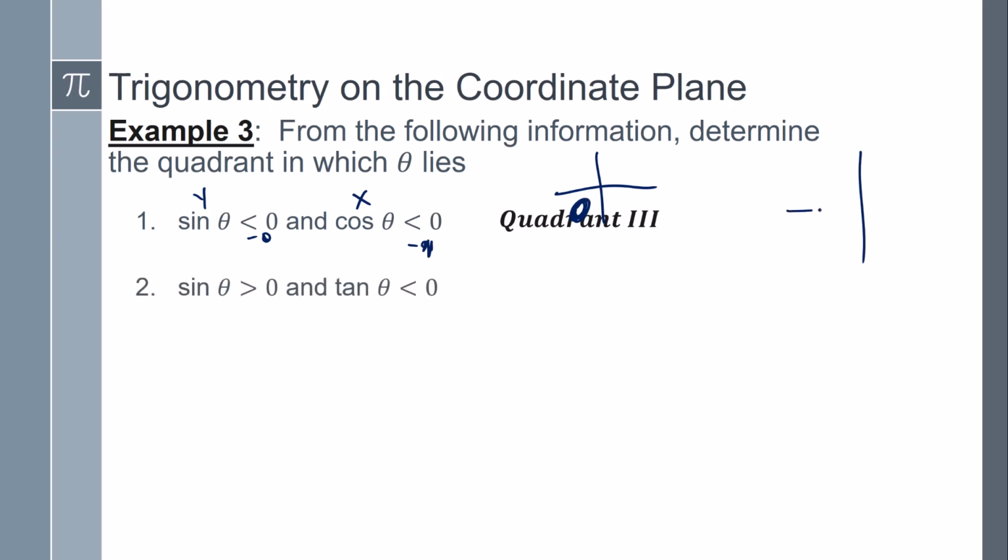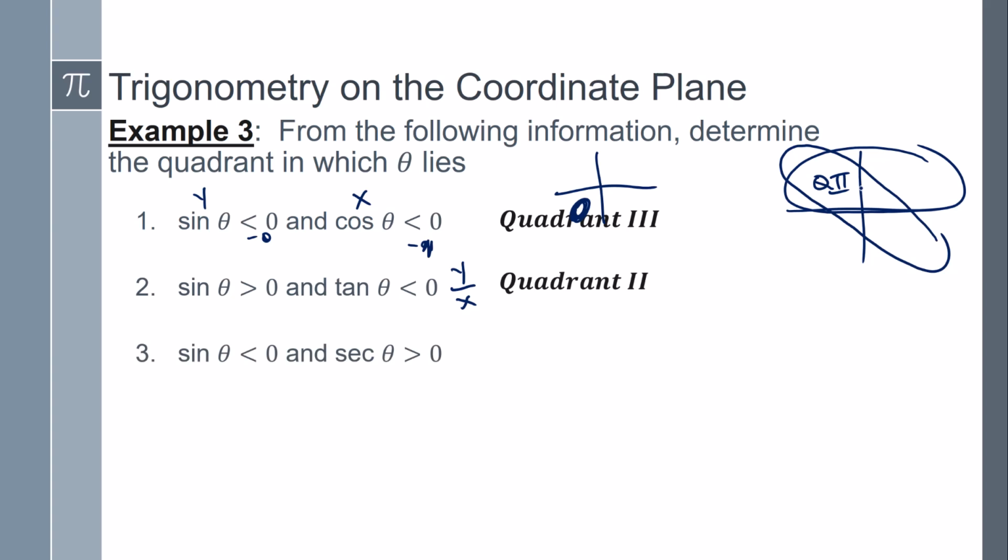My sine is positive, so my y is positive here. And where is my tangent negative? Tangent, we said, is y over x. Well, that means one of them is negative and one of them is positive for it to be negative. So those are going to be in those quadrants because one of them is positive, one of them is negative. Where do they intersect? That's quadrant number 2.